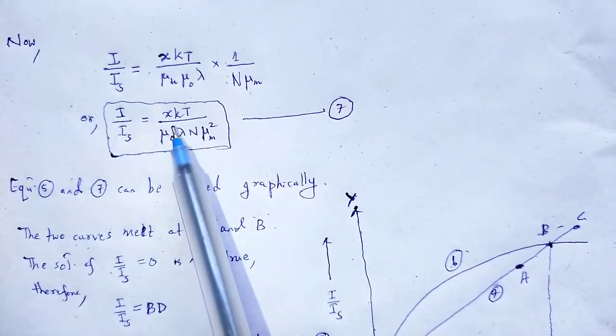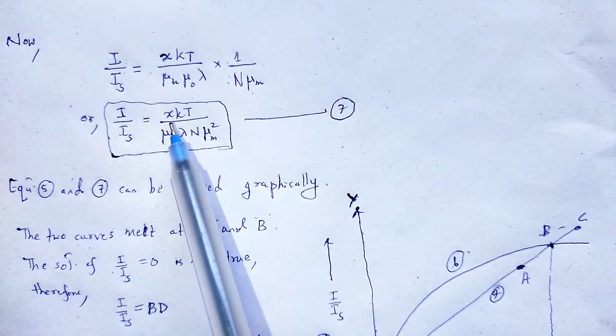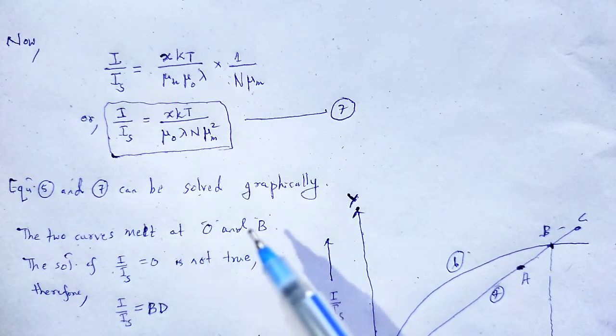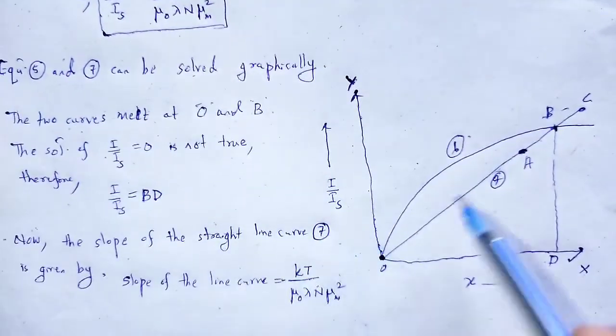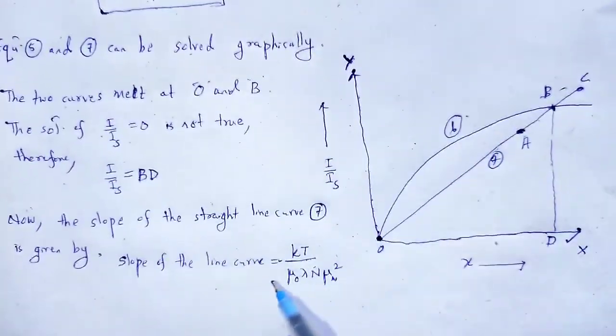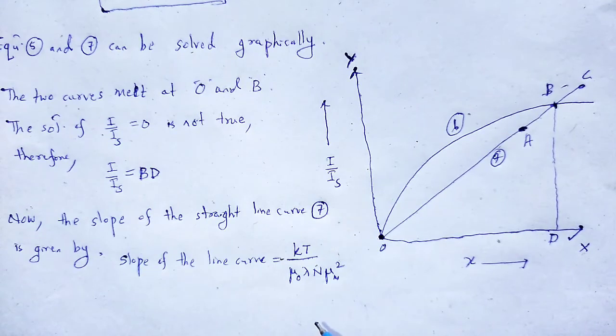Here x is equal to 1 is put. Using equation number 7, we say the slope will be that much.